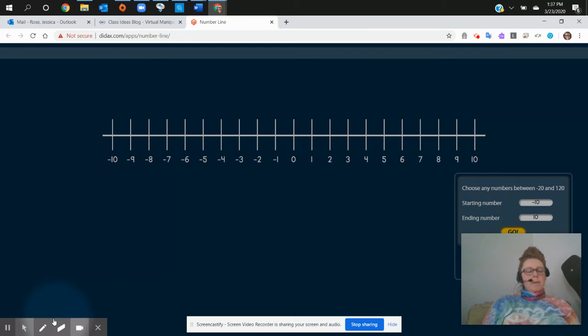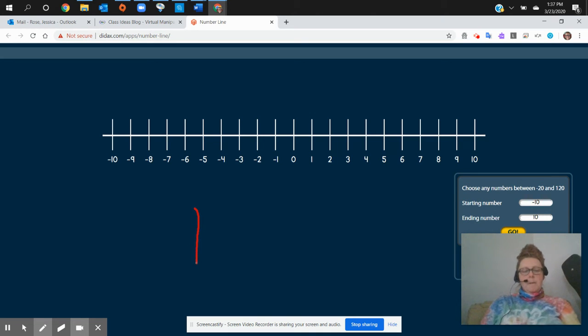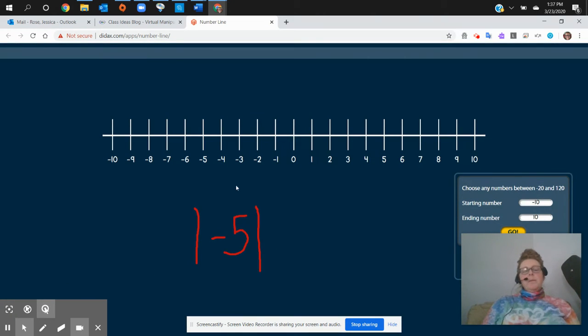For absolute value, we usually see it written like this: 2 bars with a number inside, like that. So this is read the absolute value of negative 5. So absolute value measures distance.